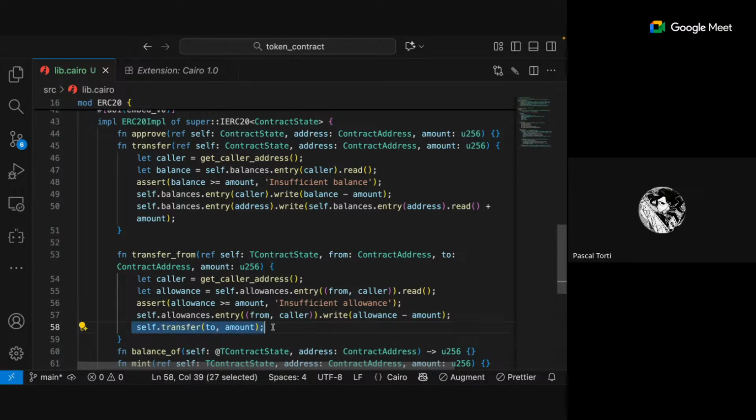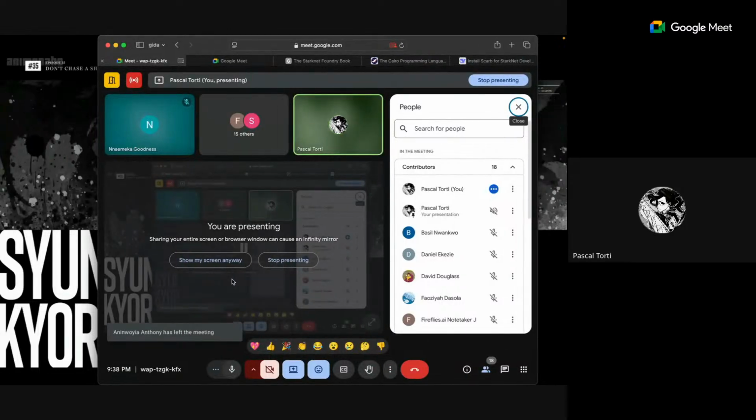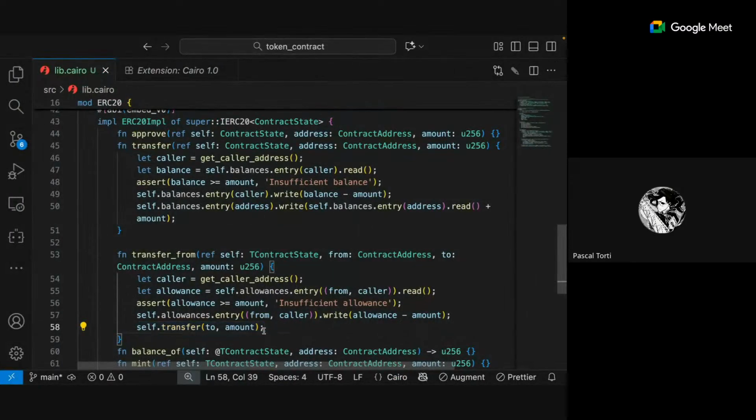So we're going to do self.transfer. Although in a real life scenario, they will tell you that you cannot call this function like this. Perhaps it takes gas, or you have to watch out for re-entrance. Re-entrance is one of the security risks, and I think there's a package in OpenZeppelin, a dependency, that takes control of re-entrance.